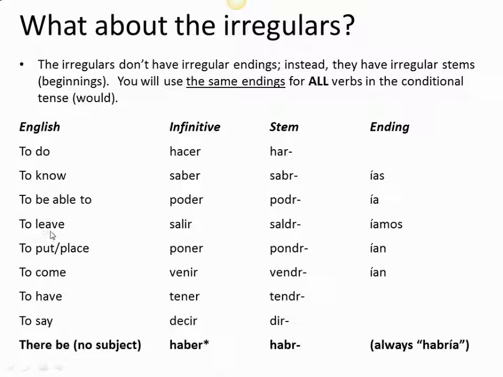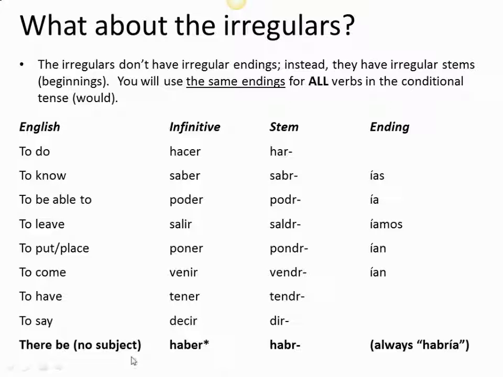So for example, here, to leave, we would leave. We're going to start with saldr-. Find the we ending, saldríamos. They would say, ellos dirían. Okay, I would do, yo haría.